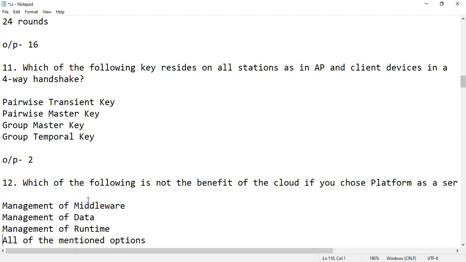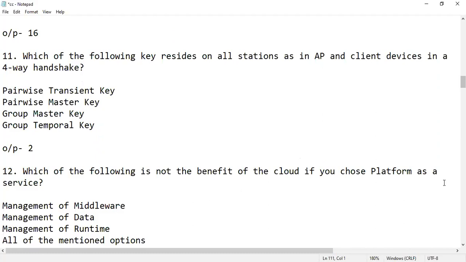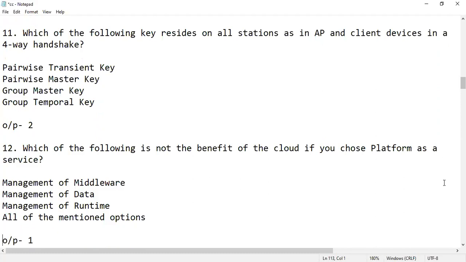And the next question: which of the following is not a benefit of the cloud if you choose platform as a service? So what will be the answer? The answer for this question will be management of middleware.